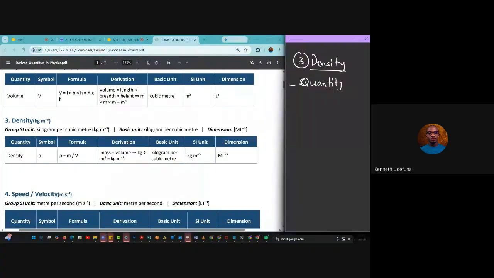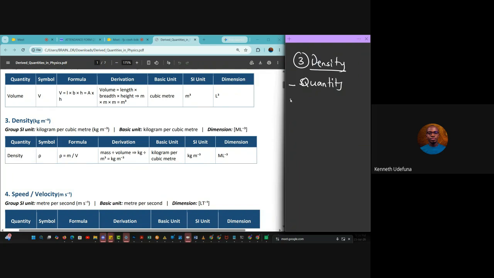For you to get the SI units or dimension of any derived quantity, the steps you're going to follow are, first, start with the quantity.